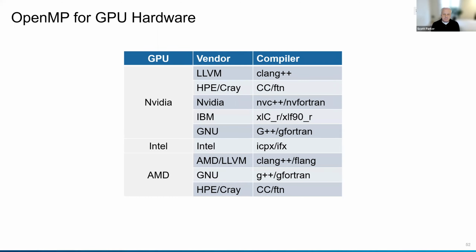But AMD, as David mentioned, is also going to have a variety of implementations there with support for AMD GPUs on Frontier. Today, as far as Intel is concerned, there's really just one implementation, which is from Intel. However, they have a long history of working with and implementing OpenMP in their compilers, and I would say that they've made significant progress in providing support for the GPUs today.